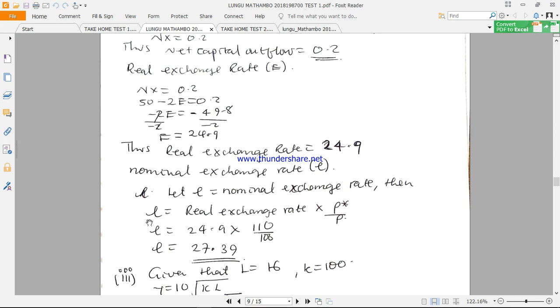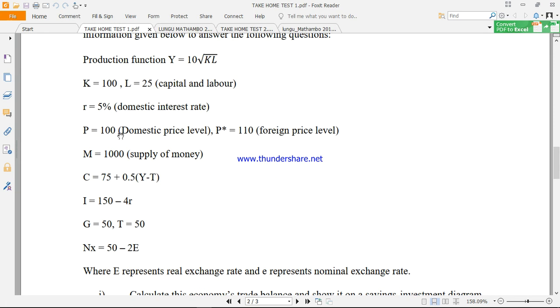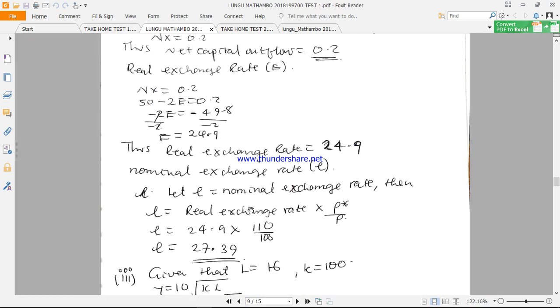Is it domestic over foreign or foreign over domestic? I think they've defined the variables there. Unless otherwise, P is the domestic and P star is the foreign price level. It's foreign over domestic. I believe it's P star over P, where P star is the foreign and P is the domestic.